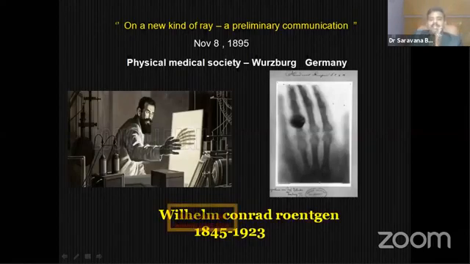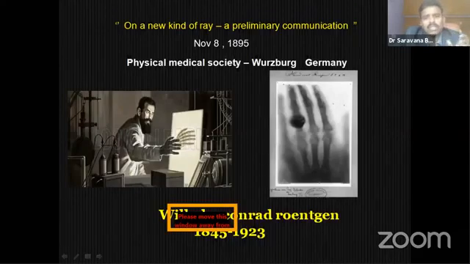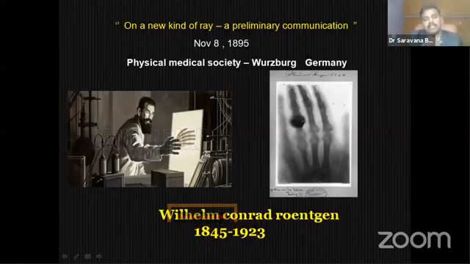So Mr. Roentgen invented something. It is not a very great thing for him, but without that invention, diagnostic radiology, diagnostic medicine, and diagnosis in dentistry would be a question mark. He found something, unknown rays. He stated, in a preliminary communication, on a new kind of ray, that these unknown rays can penetrate the tissues, and finally we can record the images on a photographic film or radiographic film.